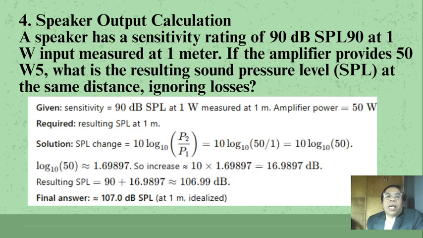So the SPL change is 10 log of P2 over P1. Substitute the given data. Okay, so 50 over 1 is 50, of course, and the log of 50 to the base 10 is 1.69897.